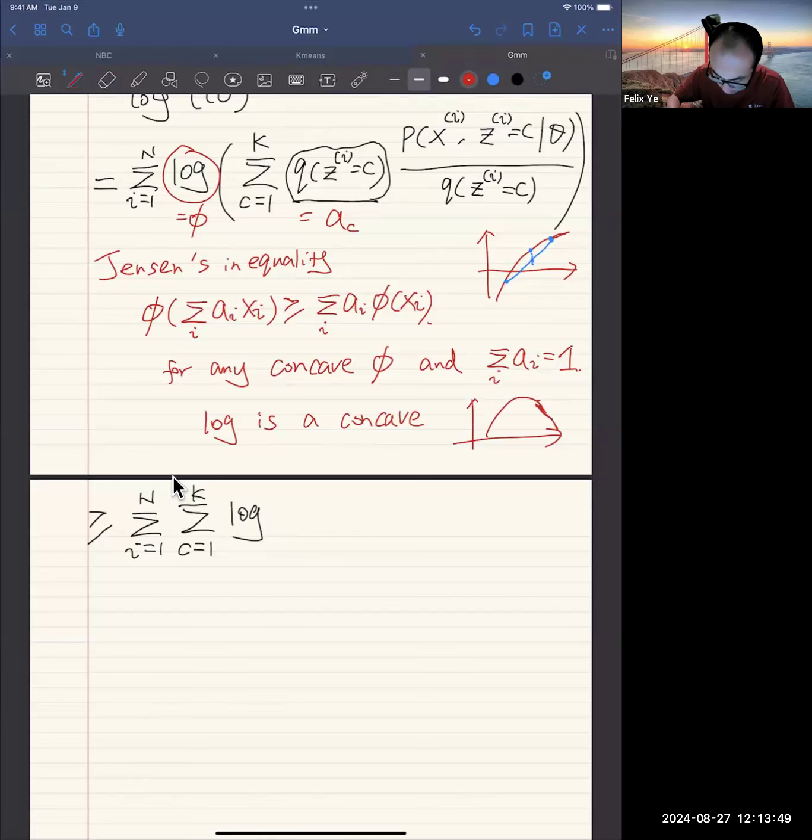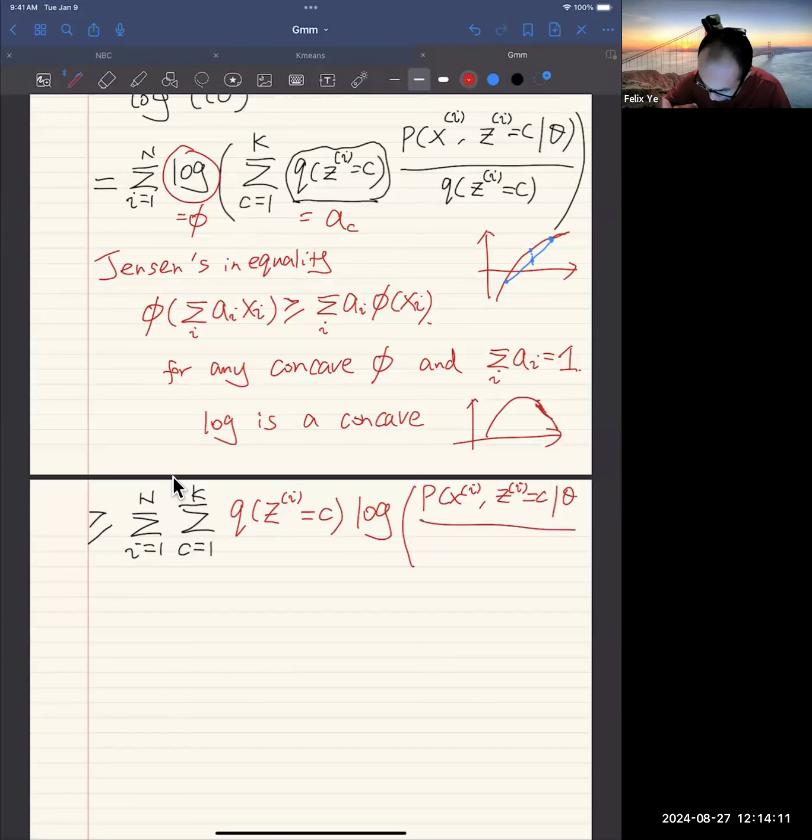So then this becomes q of z_i equal to c, then logarithm of p of x_i, z_i equal to c, conditional on theta, over q of z_i equal to c.